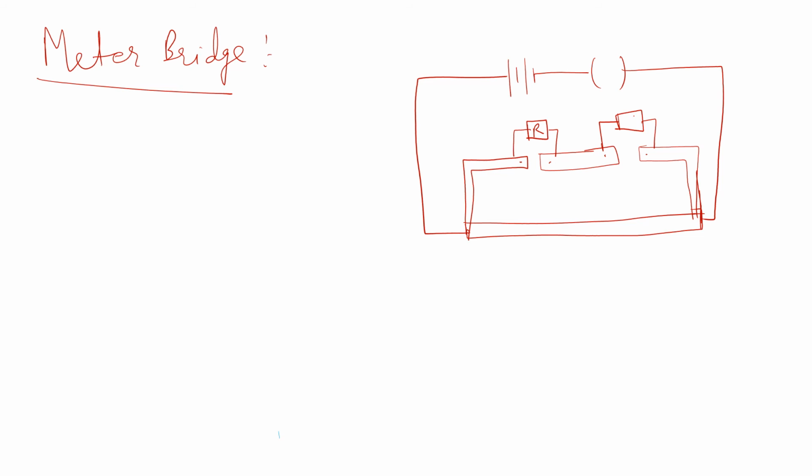Let us say this is the wire, this is S, and here is the key, here is the cell, and this is the galvanometer here, and this is 1 meter in length.